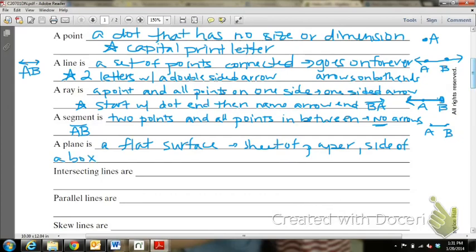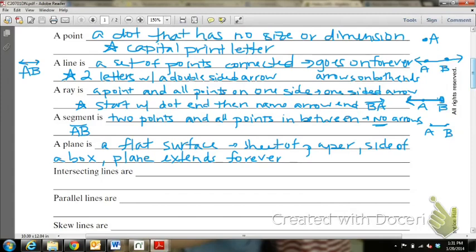Okay, but the weird thing about a plane is while a sheet of paper ends or a side of a box ends, a plane never ends. It extends forever. We can't really draw that, so we have to draw one that ends, but you have to understand that it'll go on forever.